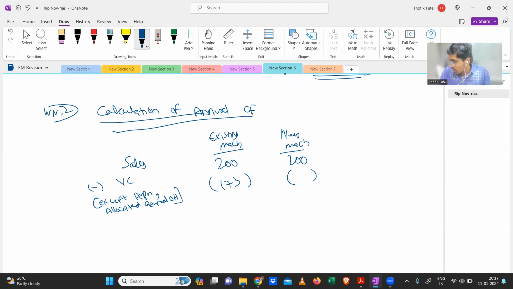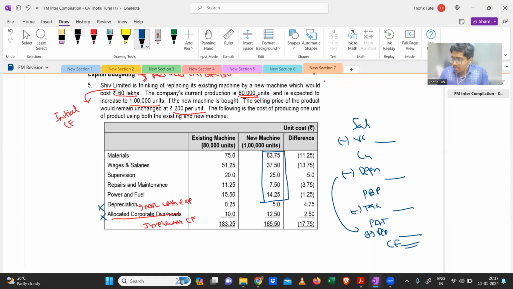For new machinery, it is 63.75 plus 37.5 plus 25 plus 7.5 plus 14.25.